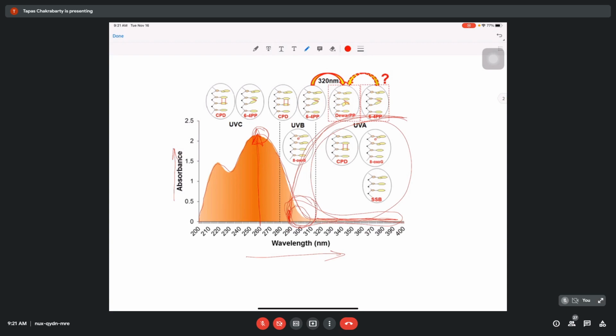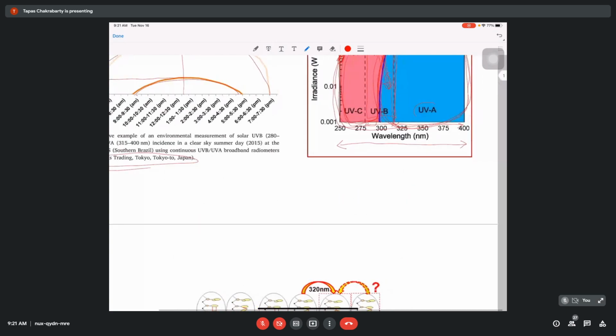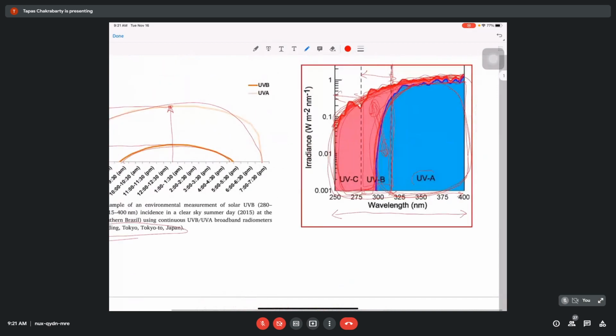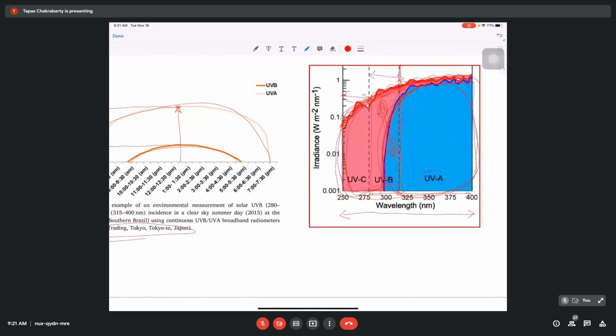Now, if you look at this total intensity distribution again, this UVA region and this UVB region, the integrated intensity of the UVA region that is available on the Earth's surface is much larger compared to the integrated intensity of the UVB region.